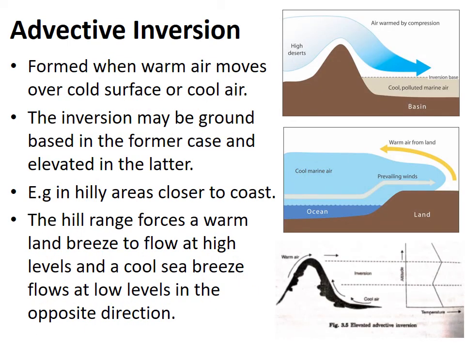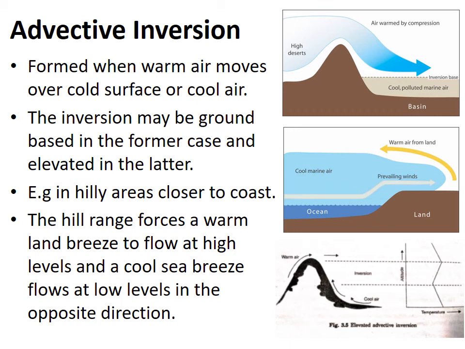The next type of inversion is advective inversion. It is formed when warm air moves over cold or cool air. As you can see from the first figure, the warm air from the left side of the hill slowly moves upwards and reaches the peak of the hill.